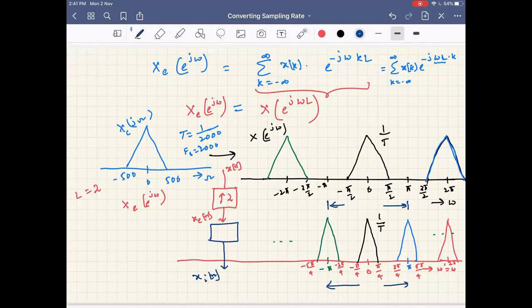So what is this interpolation needed for?